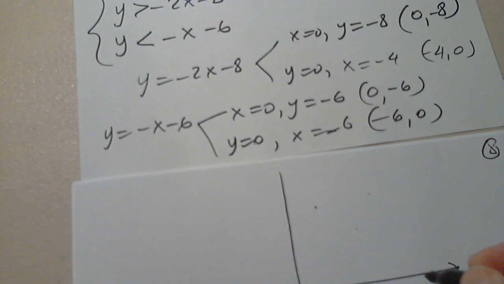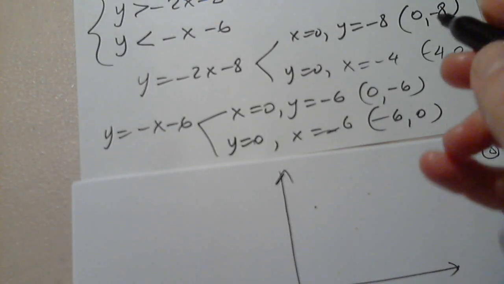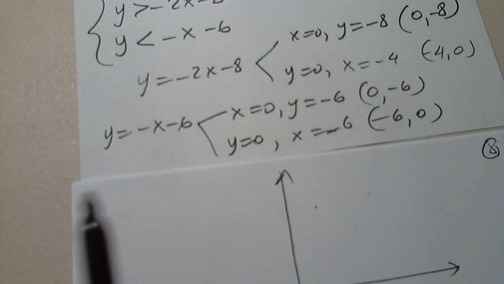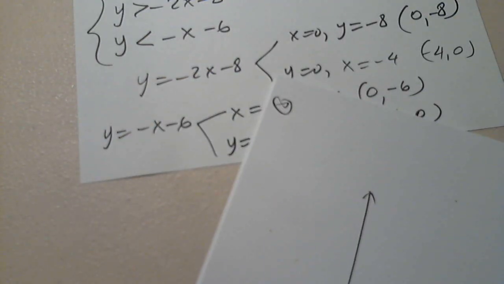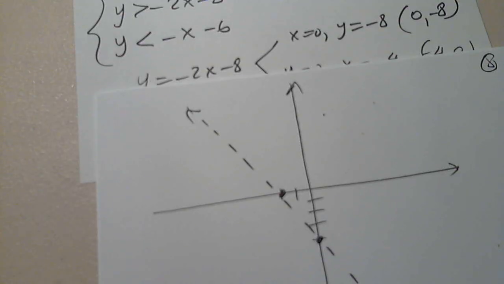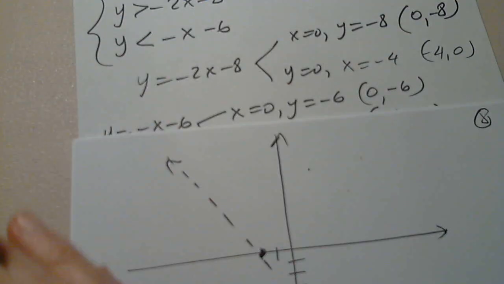So 0, negative 8, 2, 4, 6, 8. Negative 4, 0, 2, 4. Solid? No. So this is y equals negative 2x minus 8. It divides the plane into two parts, right and left.